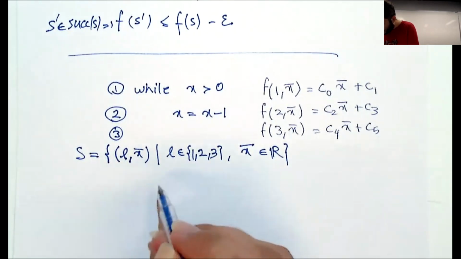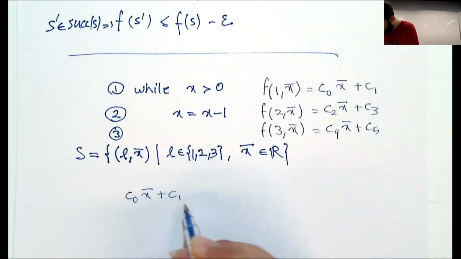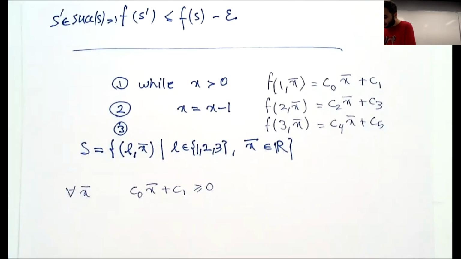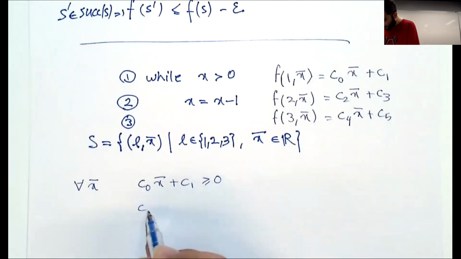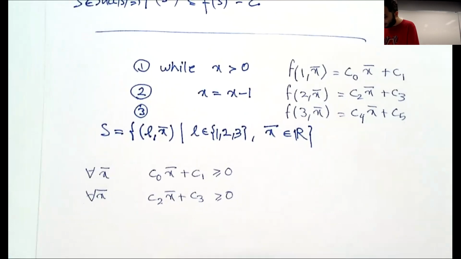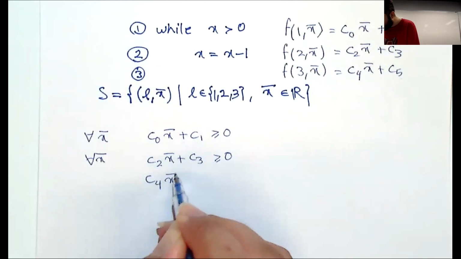So basically, I should have C0 plus C1 greater than or equal to 0, and this should hold for every valuation. Then I should also have C2 plus C3 greater than 0, and this should also hold for every valuation. And the same thing for my last line.